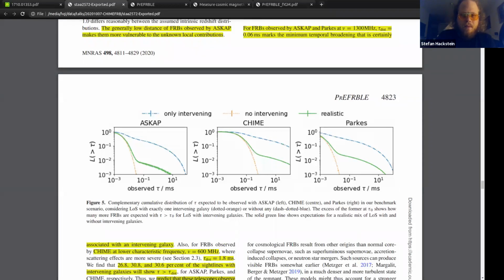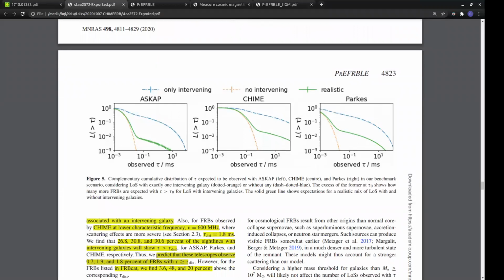Cool, thank you. Okay, I have another question. For the ISM of the host galaxies, I see that you use equations 3 and 5 in the paper.